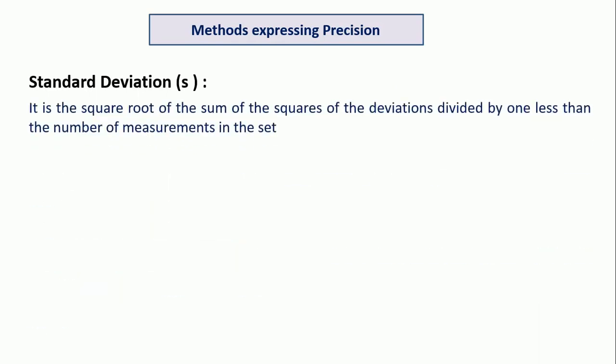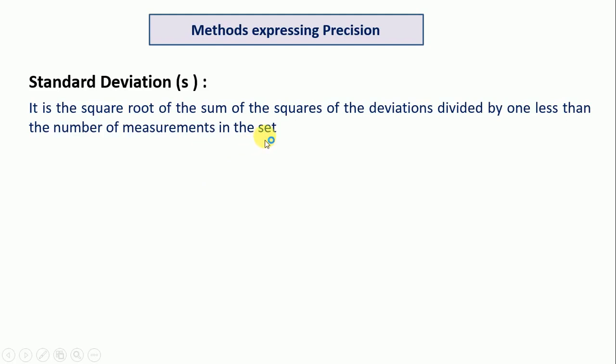Now see the next, third term, standard deviation. It is the square root of the sum of squares of the deviations divided by 1 less than the number of measurements in the set.